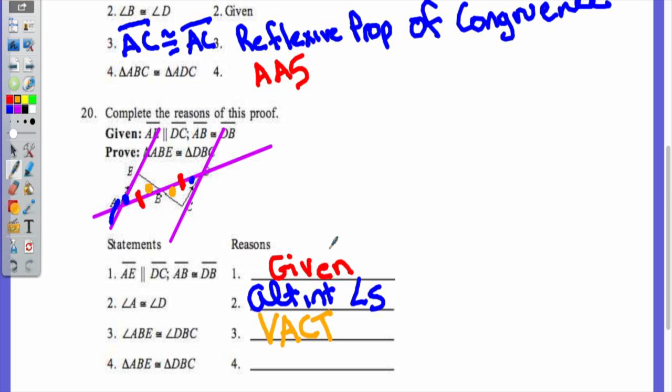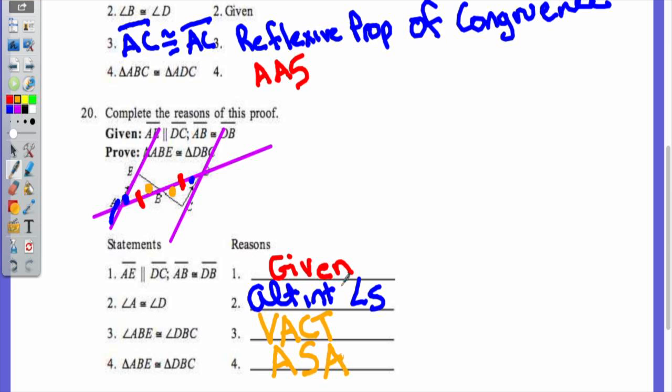Okay? So in this case, it's kind of hard to see because the drawing is small. I have two angles that are congruent, right? And the side is in between them. The endpoints of that side are the vertices of that triangle. So the reason is angle, side, angle. Okay, does that help a little bit now?